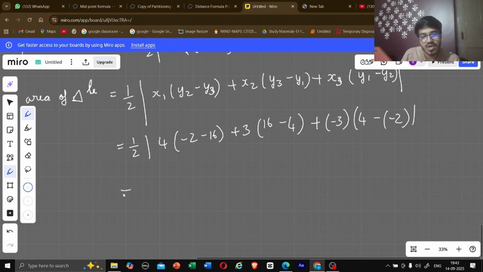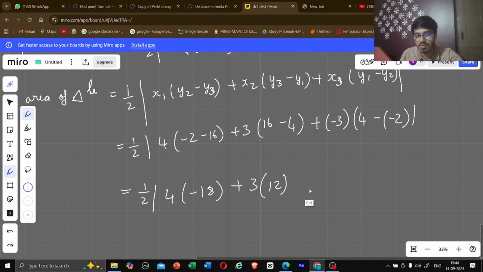So area of triangle is equal to half into modulus of, we'll solve these brackets. 4 into (minus 2 minus 16), it's minus 18, plus 3 into (16 minus 4), 12, plus minus 3 into (4 minus minus 2).